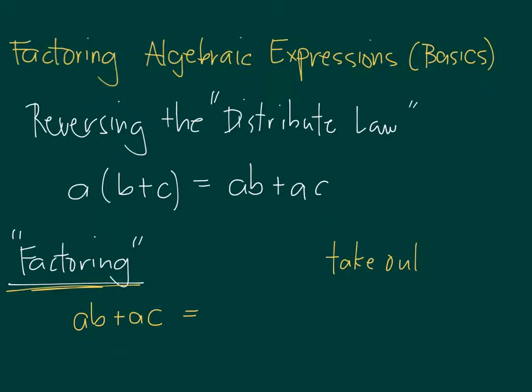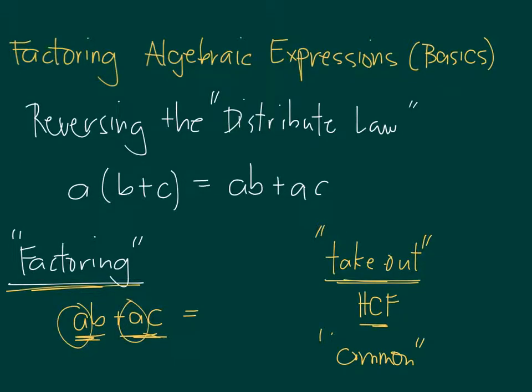the common expression that you will hear when you work with factoring. So you try to take out the common factor, or not just the common factor, but it should be the highest common factor from the given expressions. So for AB plus AC, the common factor is the A. So I will factor it out.